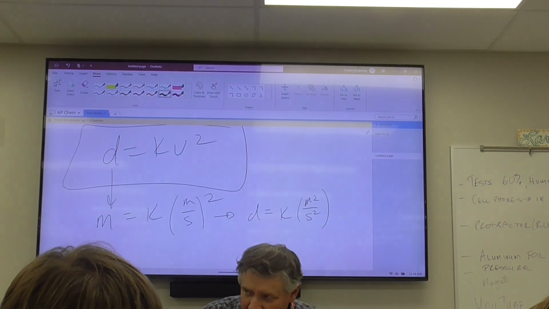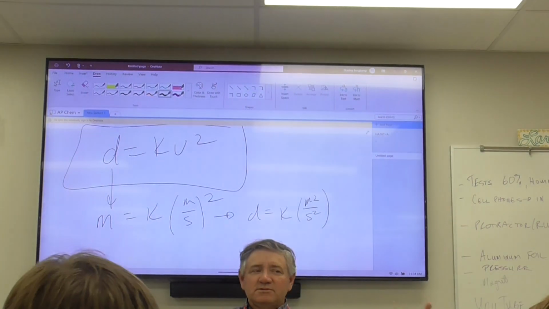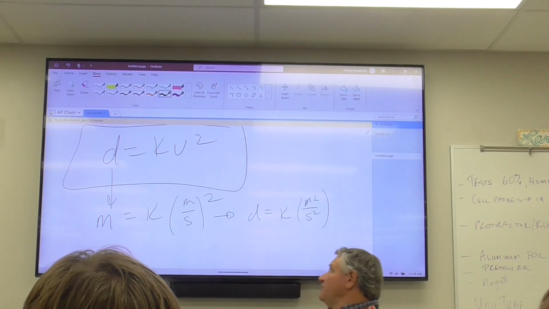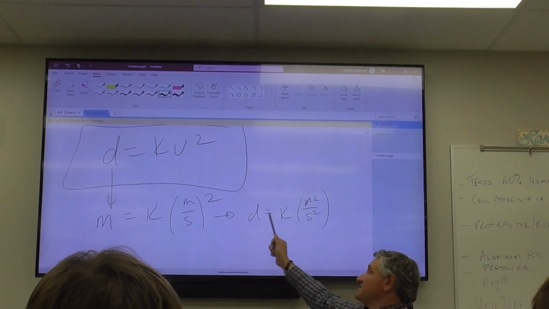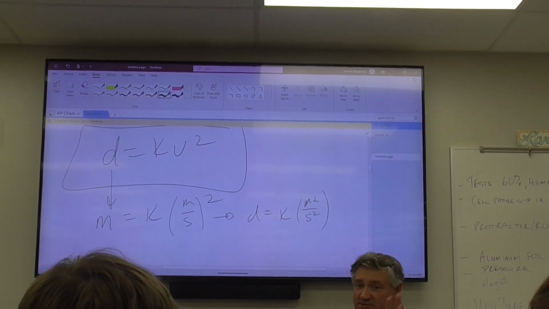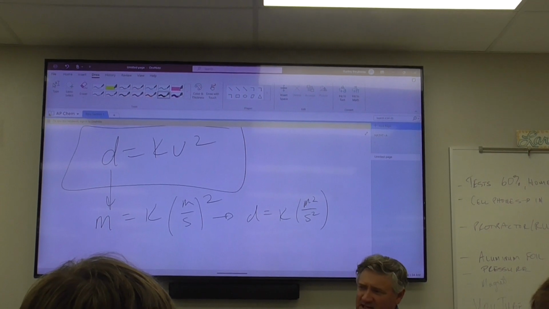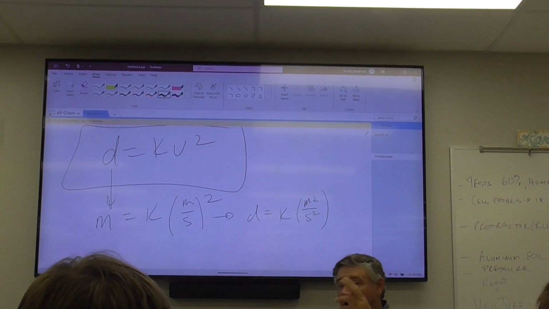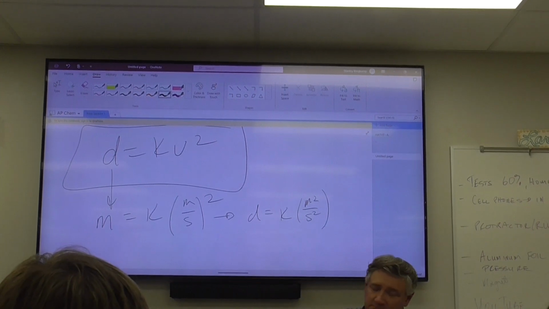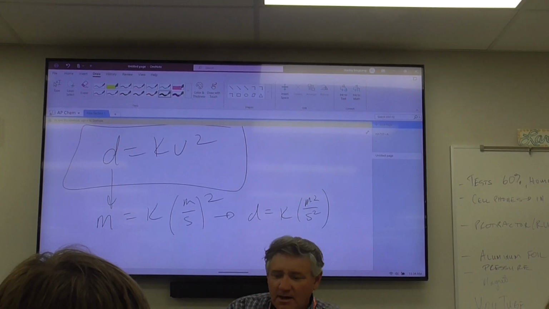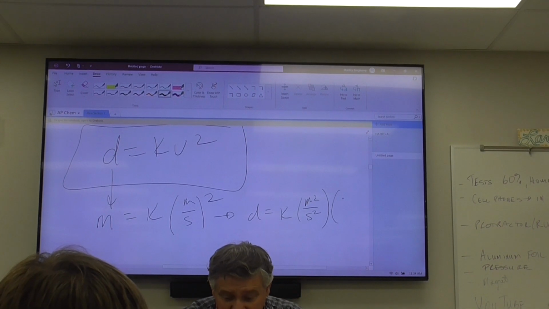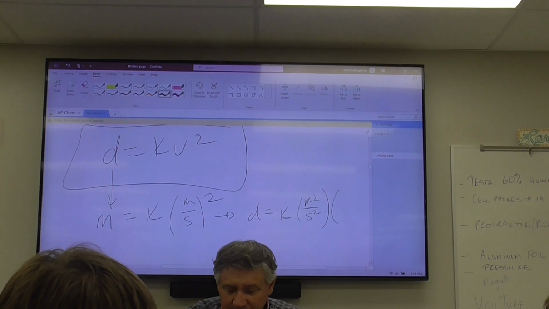Now, you want to get K by itself. You can do this one of 2 ways. You can either divide both sides by meters squared over second squared, which is cool, but that gets a little sketchy in terms of trying to get things to cancel out. What I would do, if it were me, I'd multiply both sides because I'm trying to isolate a variable.